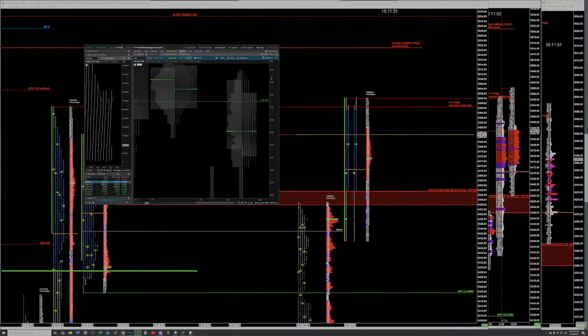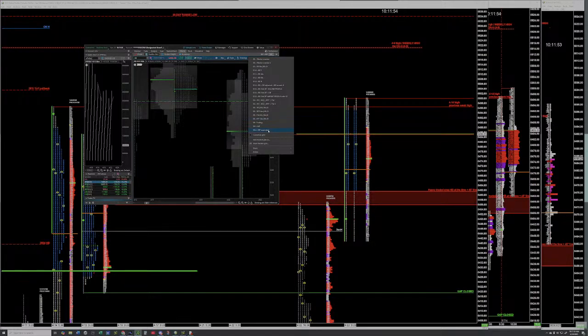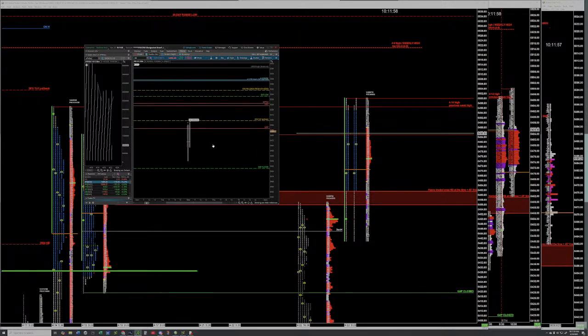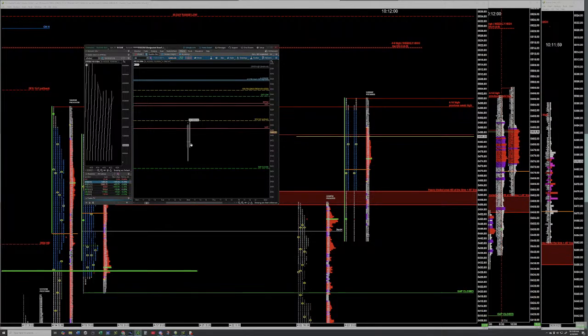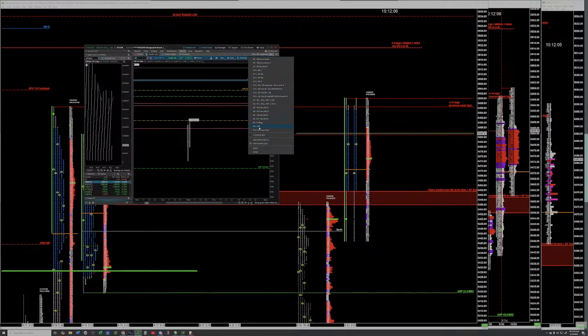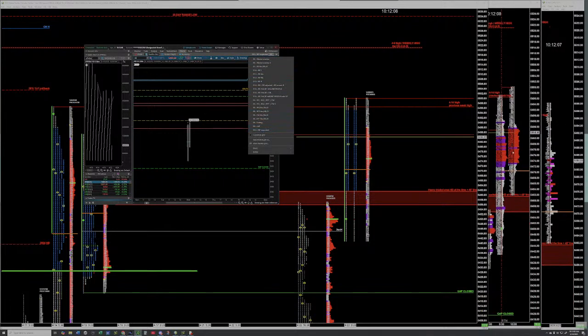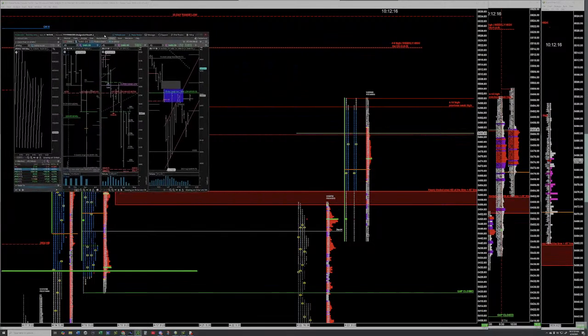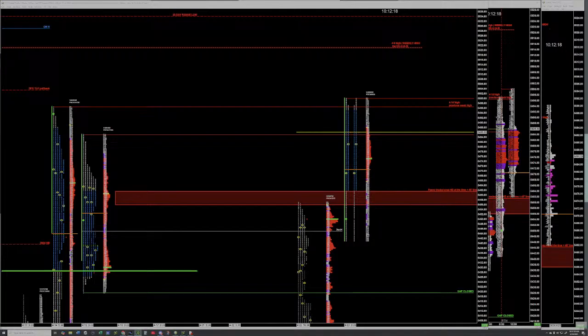It also has expanded profiles. I have tried this one as well, and I like these expanded profiles. I don't like to see opening and close. But if you don't see the volume traded, it's like being blind, man. It takes away lots of information.